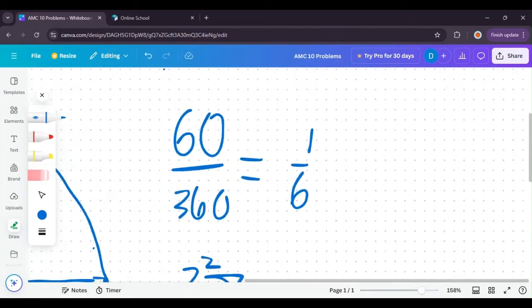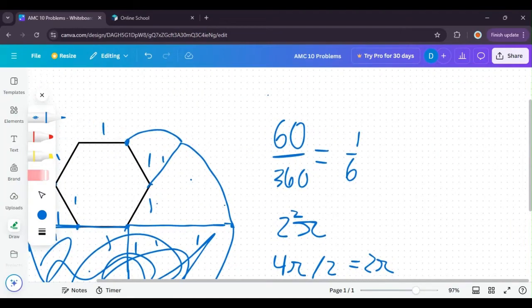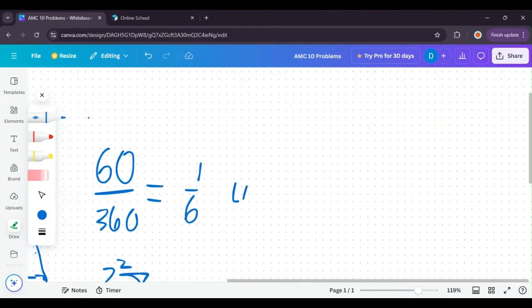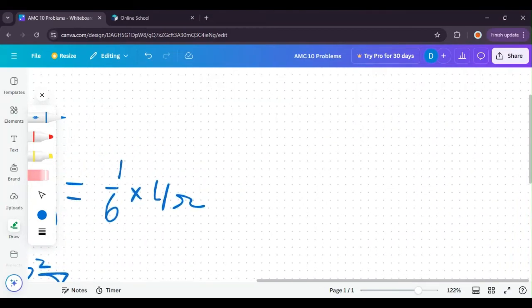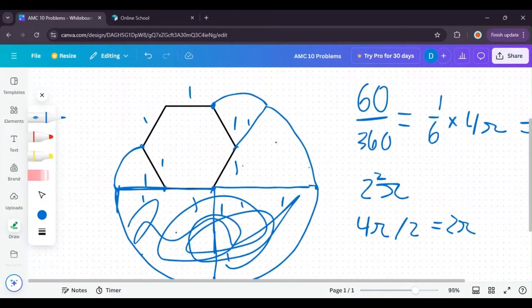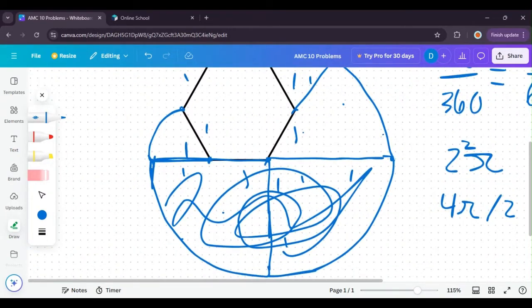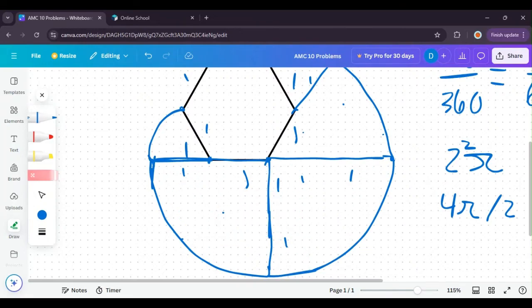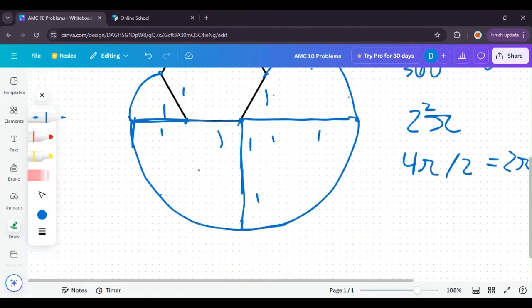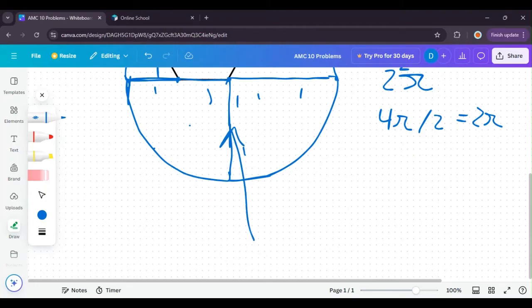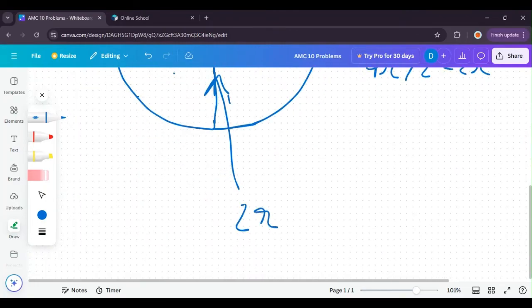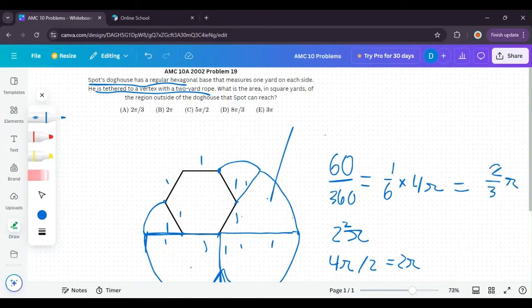If the total area of that circle is 4 pi, which we already calculated, then the area of the region is 2/3 pi. So we know that this entire region is 2 pi, and this entire region is 2/3 pi.